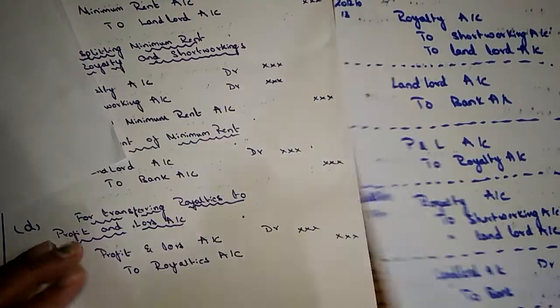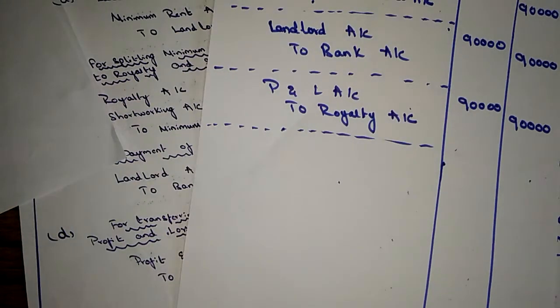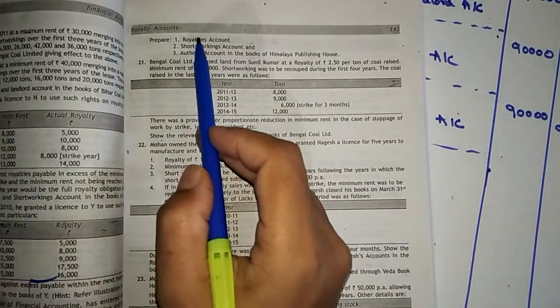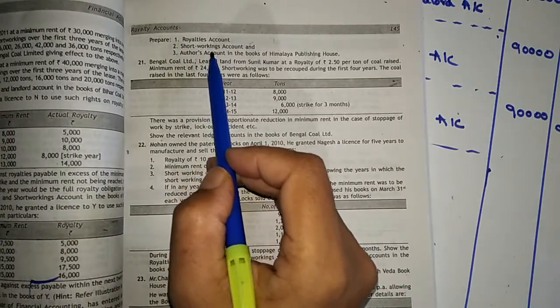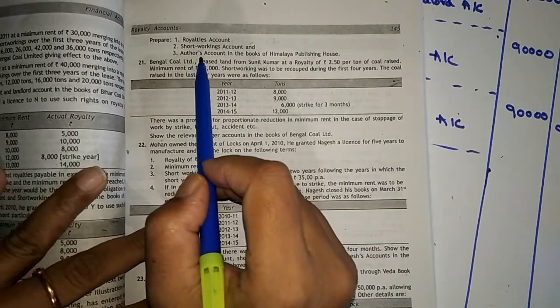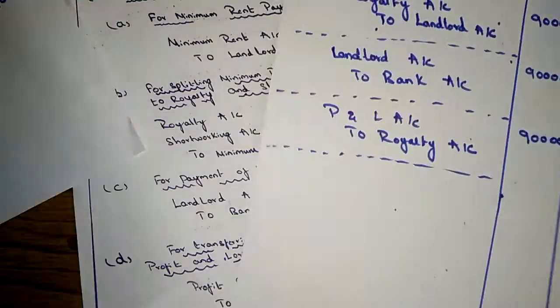So here in the question they have asked you to open the royalty account. Let me read for you. Yeah, they have asked you to open the royalty account, short working account, and Shriram's account, that is author account, landlord account. So now you know how to post the journal entry.